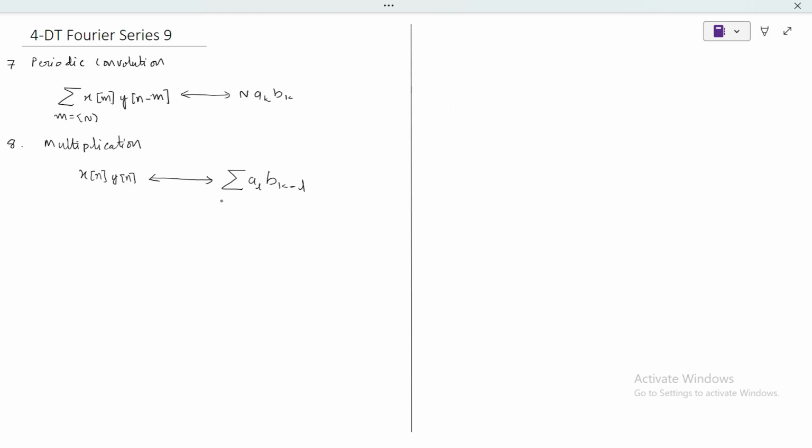Here, what limits should we take for l? ak is also periodic, so we should take l within one time period. That's enough. So this is multiplication and this is convolution.